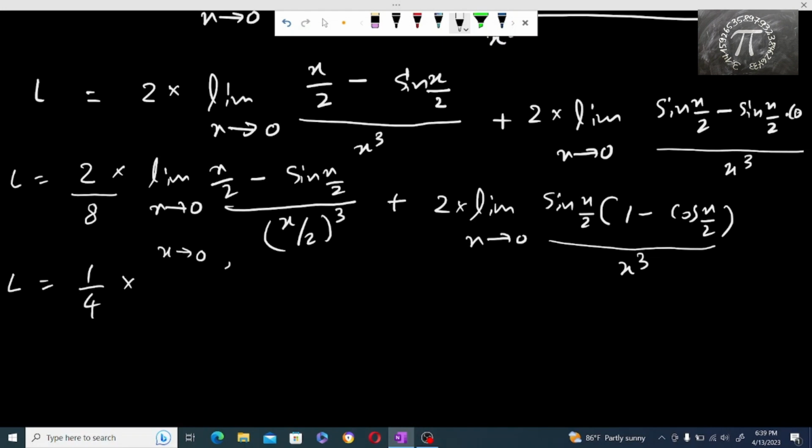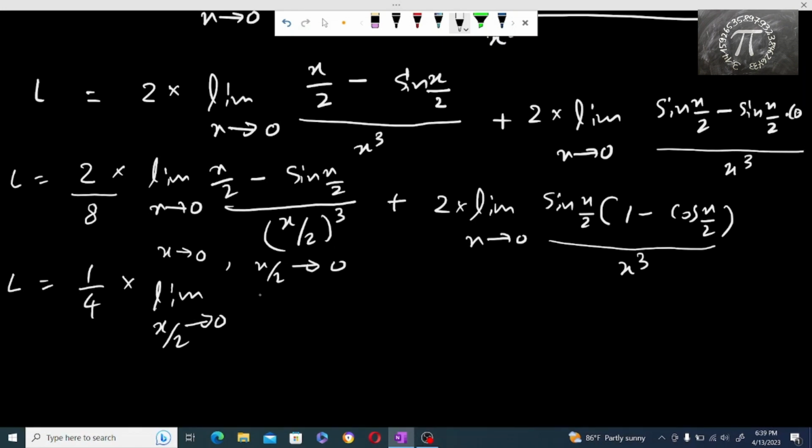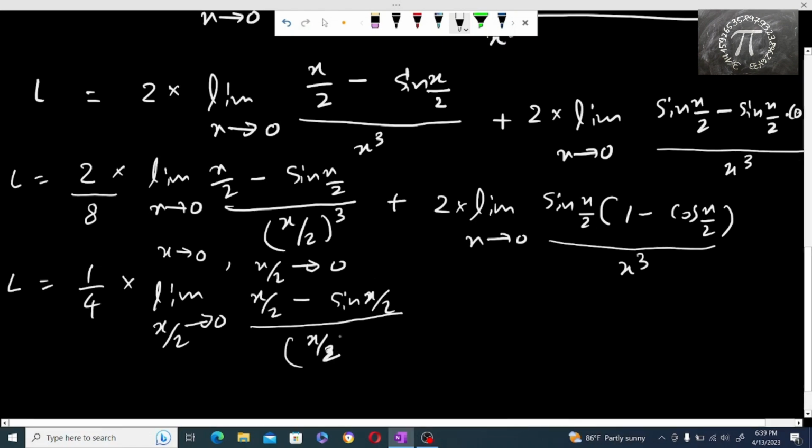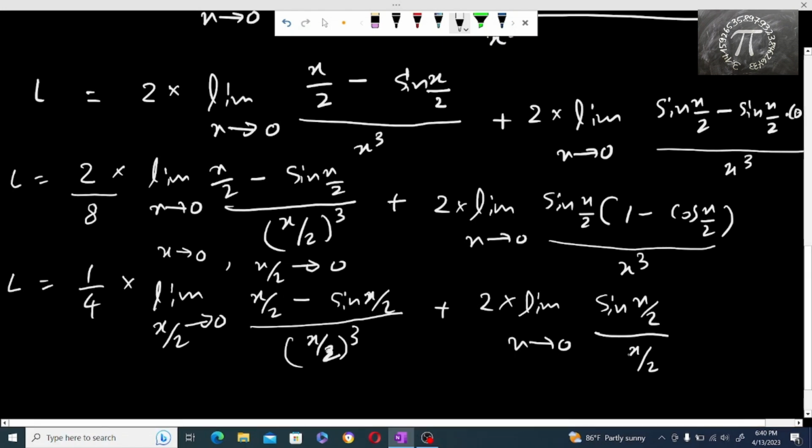When x goes to 0, x/2 also goes to 0, so if I write it like this the limit doesn't change: (x/2 minus sin(x/2)) divided by (x/2) to the power 3, plus 2 into the limit as x goes to 0 of sin(x/2) over x/2, which I write here, multiplied by 1 minus cos(x/2).